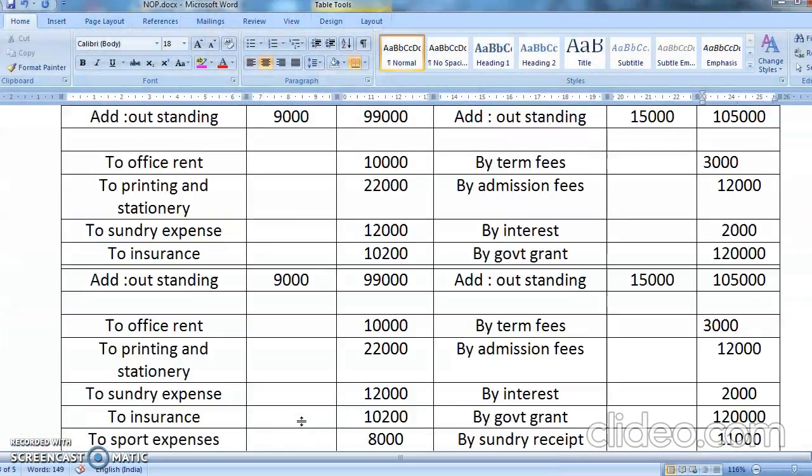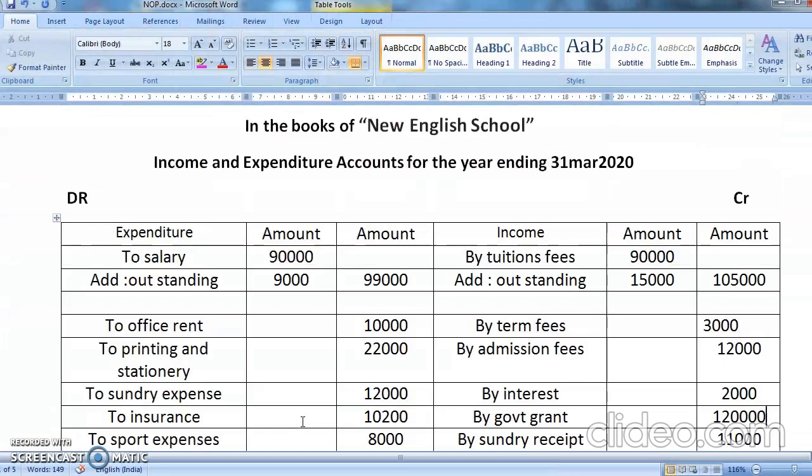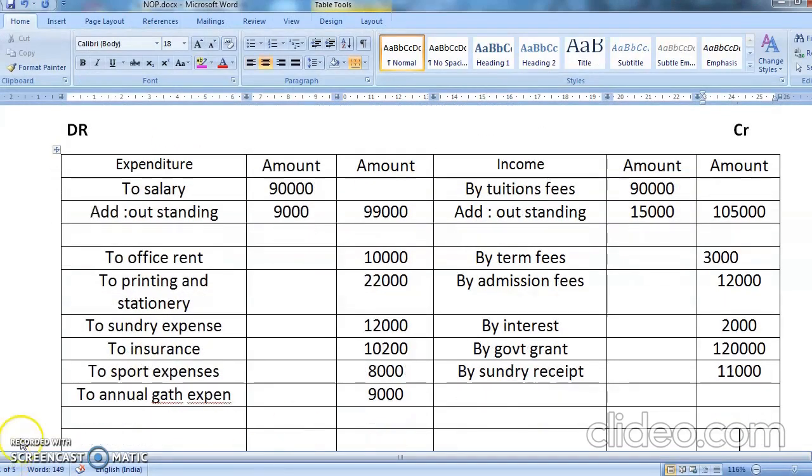The second effect comes in the income and expenditure account. So you'll write here: to depreciation on furniture, which was 10,000, to depreciation on library books, which was 9,000.